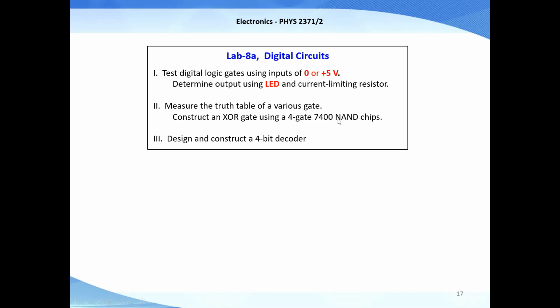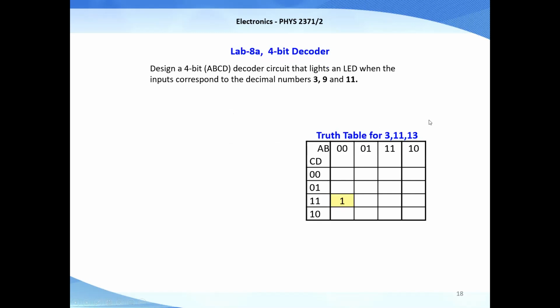So you're going to take only NAND gates and make an XOR gate. And finally, you're going to design and construct a 4-bit decoder. And that's shown on the next page. So you're going to take these 4 bits, A, B, C, and D, where D is the least significant bit and A is the most significant bit.